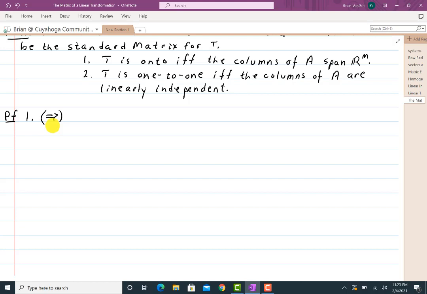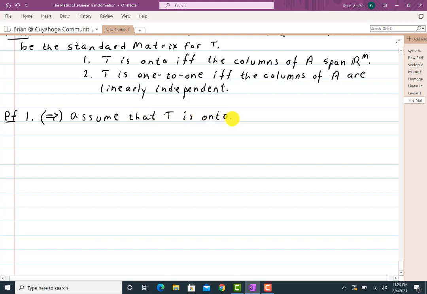So let's assume that T is onto. Let B be any vector in R^m.